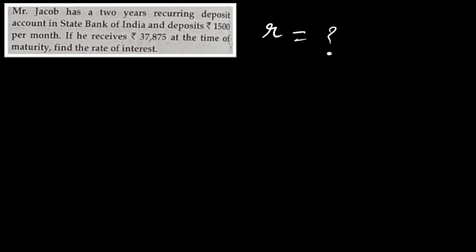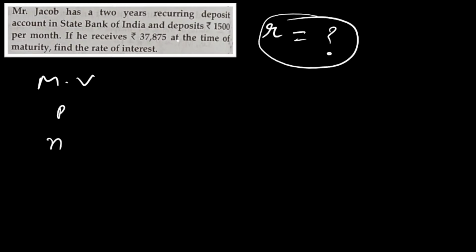We did this type in the second or third question, where MV, P and N are given to us and we have to find the value of R. The questions which I have already done, I don't want to do again. There's a different type of question I want to do. I hope you have taken the screenshot. This is a practice question.